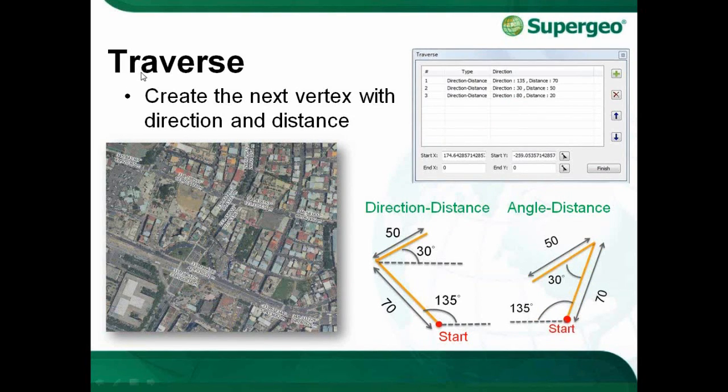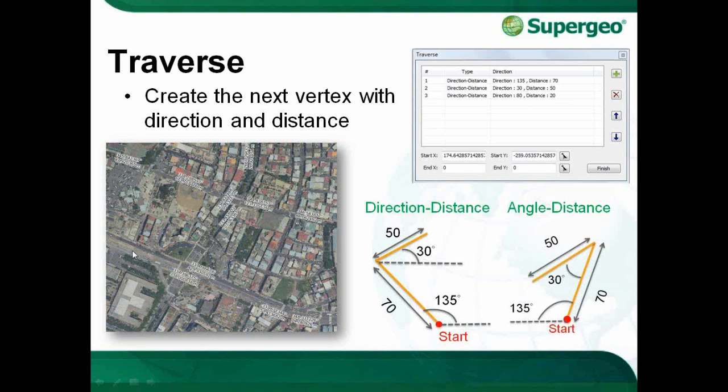Like the first one is the traverse. For this function, traverse, you can create the next vertex with a more accurate direction and distance, like this one. Like the figure on the left hand side, it is raster data and contains the distance and the direction.